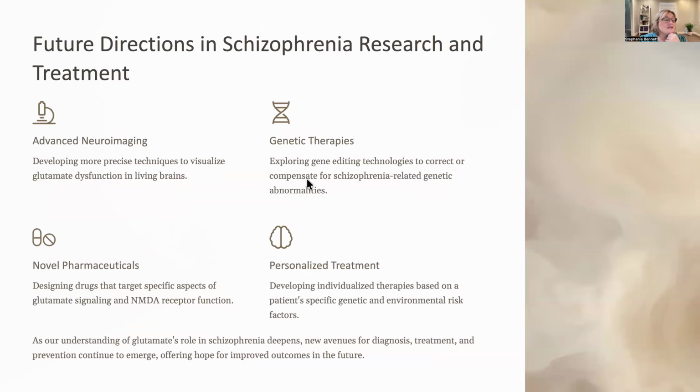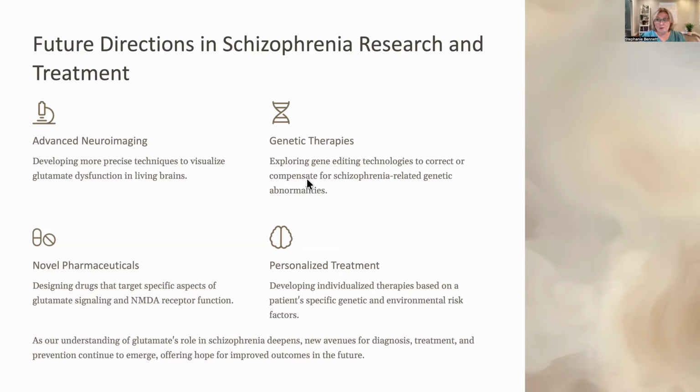So, future directions. In the future, we're really looking at more neuroimaging, developing more precise techniques to look at glutamate function in a living brain, and looking at gene editing technologies that might compensate for some of the schizophrenia-related genetic abnormalities. We're also looking at personalizing treatment, individualizing therapy, and looking at that patient's specific genetic and environmental risk.